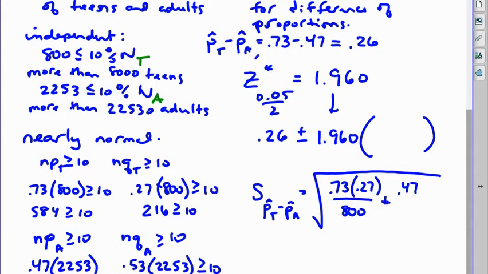This formula is right on the formula sheet. I'm using my hats, my statistic values, because an interval is supposed to be based on a statistic. So, putting those values in.